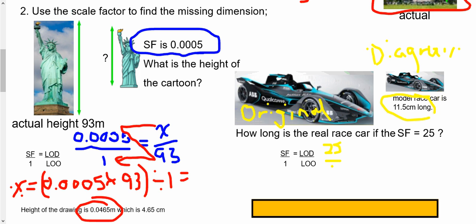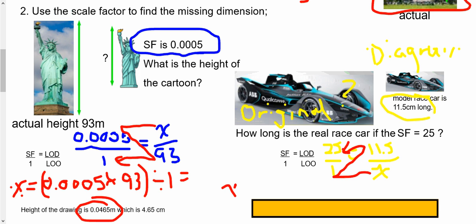We're just writing scale factor over 1 is equal to Ld over Lu. So 25 over 1 equals my diagram, which is 11.5, over my original, which we don't know, so we'll put an X. Just remember, amazing Dr. Z. Start from the X. Zip, zip, zip.